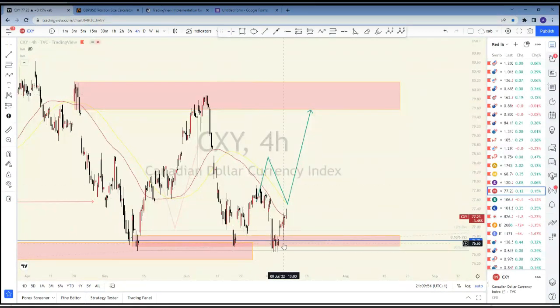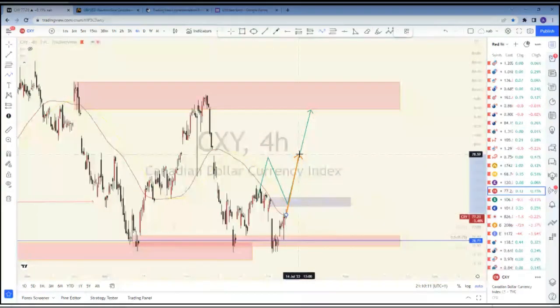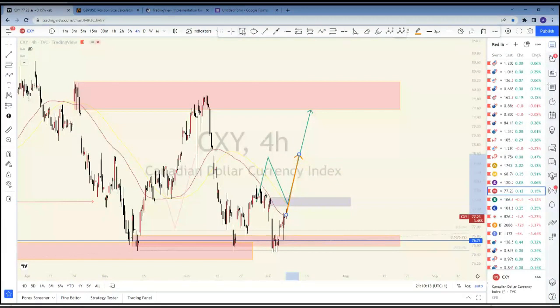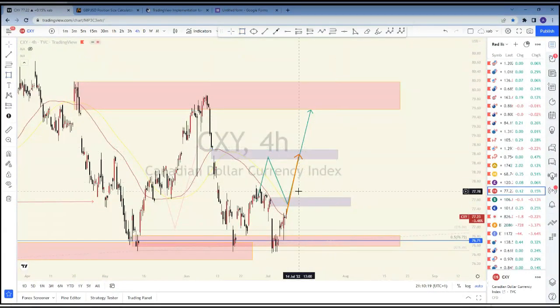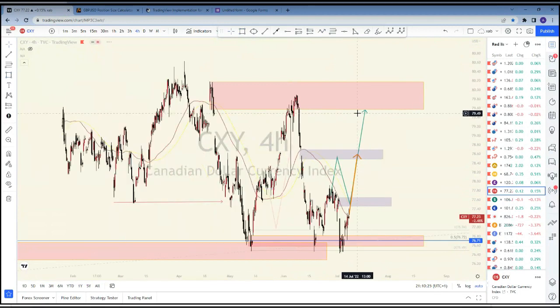It didn't come as much as to fill this gap, which means that if this bullish movement is able to break out of this region right here, we should be expecting prices to come up to fill that gap after a valid retest. So we'll break out of here, possibly come back lower for a retest and then zoom all the way to the top.